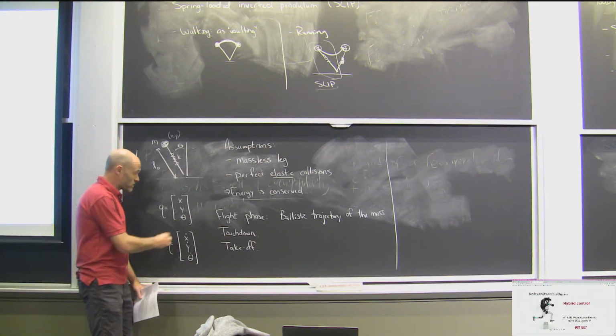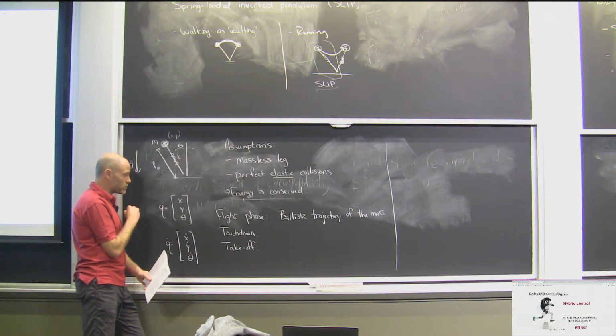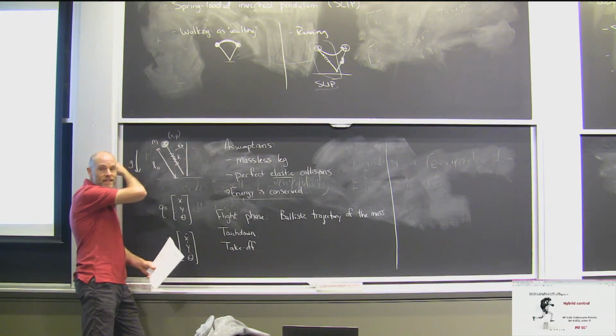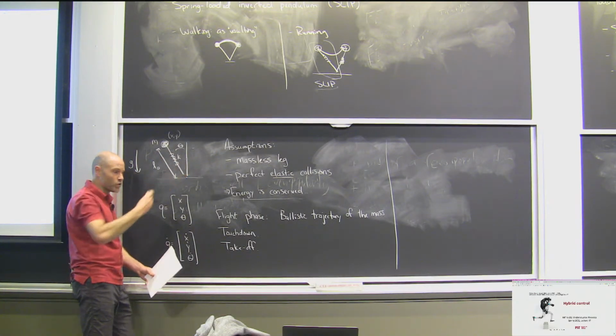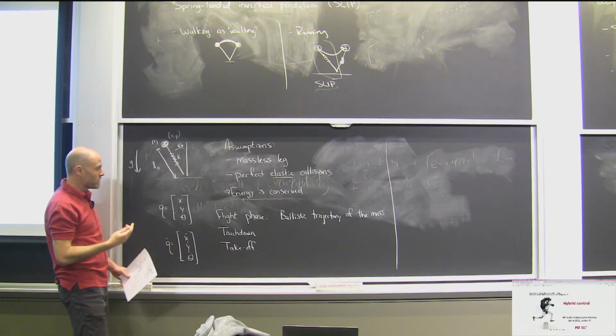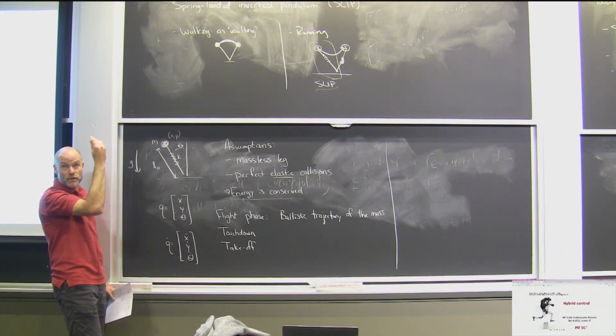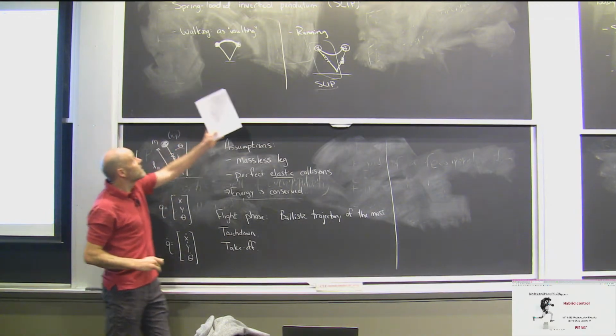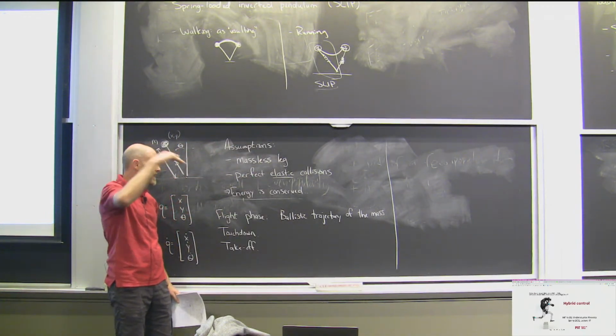Okay, so here's the trick. The dynamics are invariant to x. What we're going to do is define the Poincare map to be from one apex, so at the top of the bounce, to the next apex.